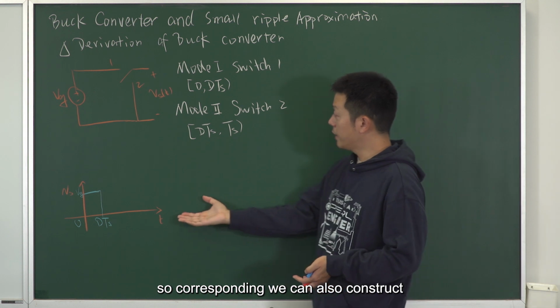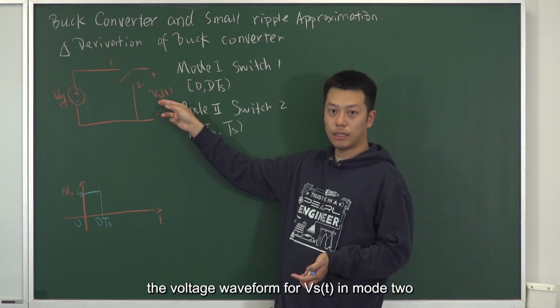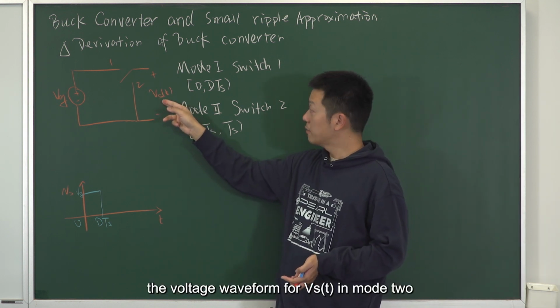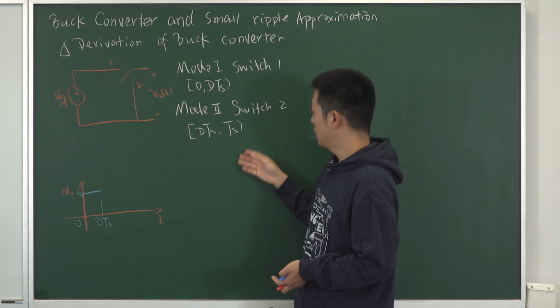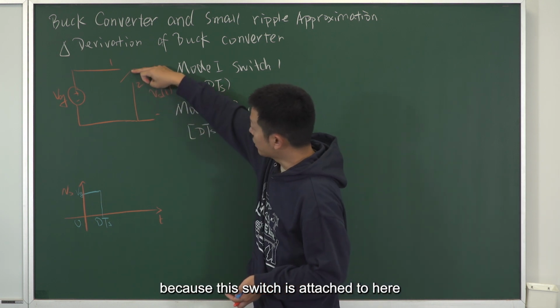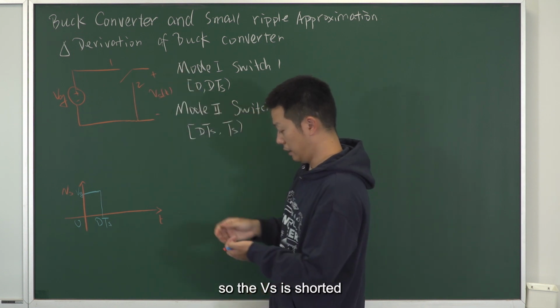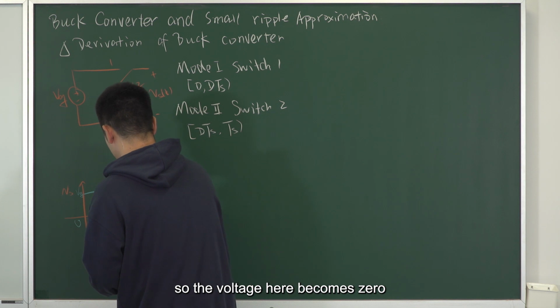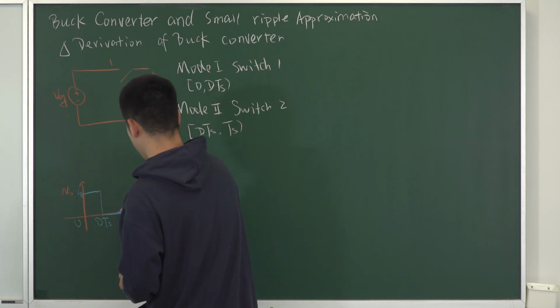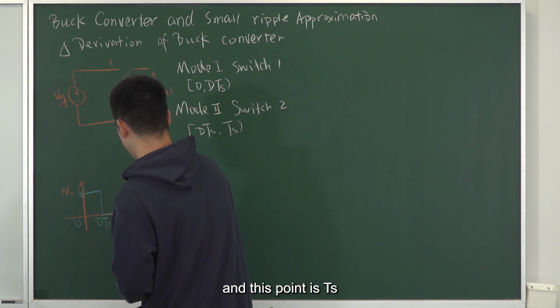Correspondingly, we can also construct the voltage waveform for Vs in mode 2. Because this switch is attached to here, Vs is shorted, so the voltage here becomes 0. And this point is Ts.